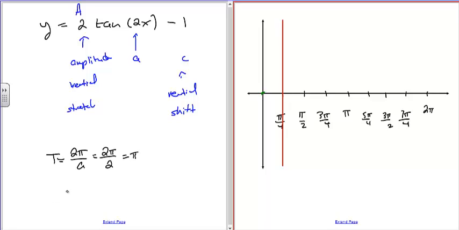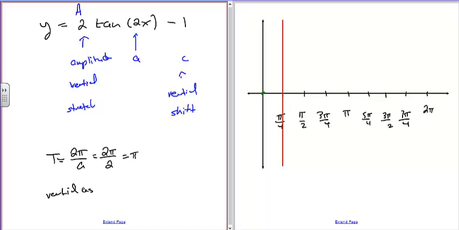The distance between the vertical asymptotes is equal to T over 2. So we get pi divided by 2. If we have this 0 point, which is at the midway, to get the distance between the vertical asymptotes, we would go negative pi over 4, positive pi over 4. That distance gives pi over 2, which is the distance that I talked about. So I've got that in the correct location.